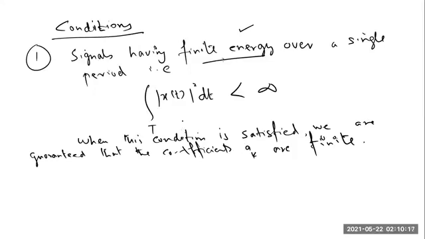And what is the other effect of this condition? For such signals which fulfill this condition, if we use a finite Fourier series, which means if you take the summation from minus N to plus N, and you get a signal x_N(t).